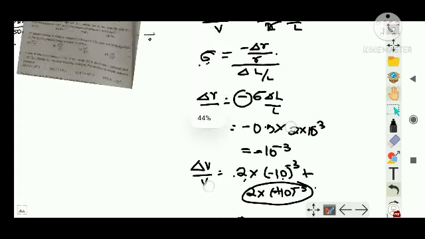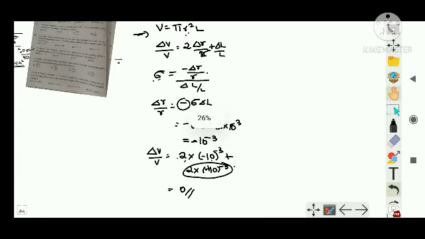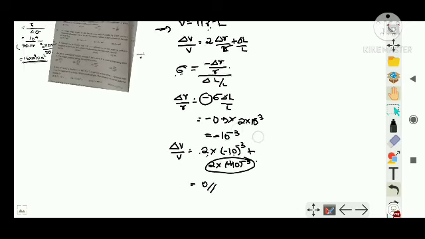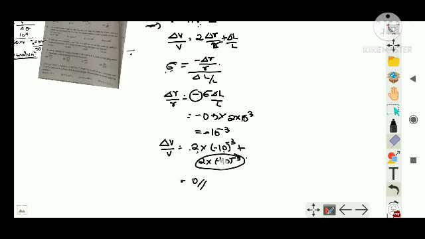I hope you understood. Delta L by L is 2 into 10 to power minus 3. Did I write minus initially? I'm sorry if I wrote minus there. It is 10 to power minus 3, and delta R by R is 2 into minus 10 raised to minus 3. So these two cancel each other.